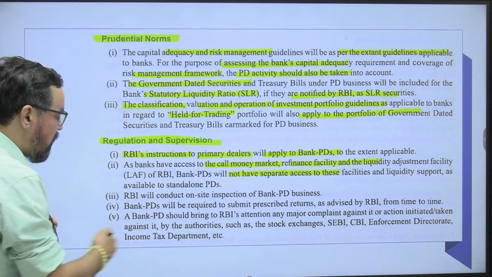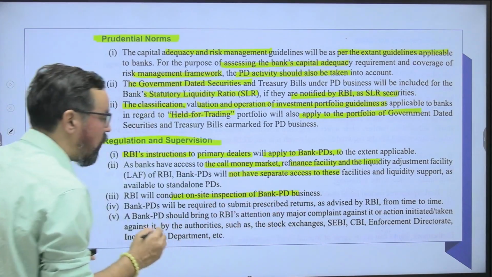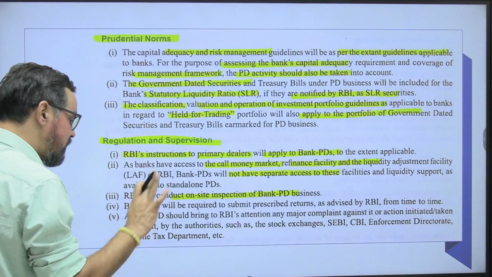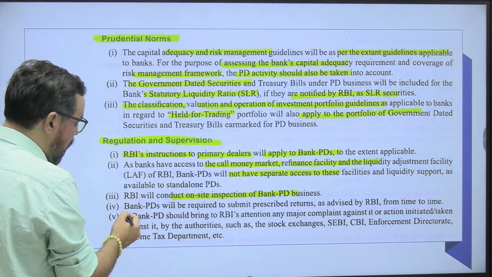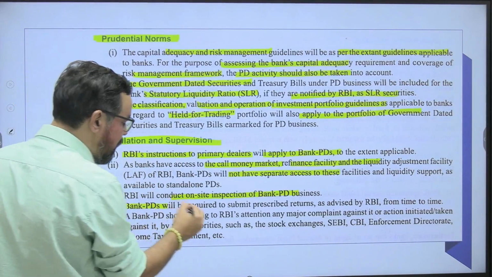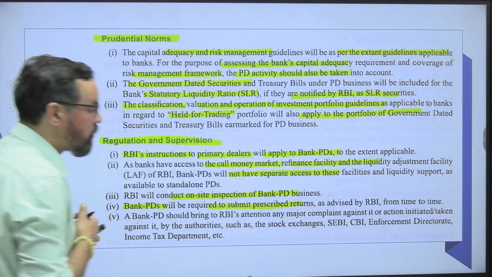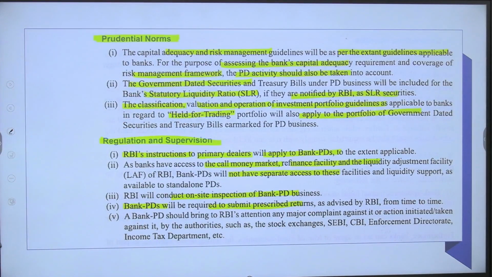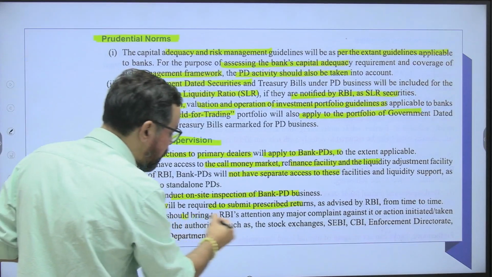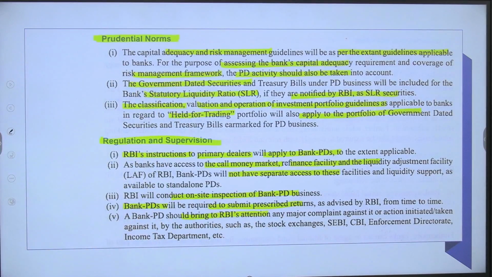ठीक है. RBI will conduct on-site inspections of bank PD business under section 35 of BR Act, sorry. Bank PDs will be required to submit prescribed returns as advised by RBI from time to time. A bank PD should bring to RBI's attention any major complaint against it or action initiated against it by authorities such as आपका सेबी, आपका CBI, enforcement department, income tax department and all. ठीक है.